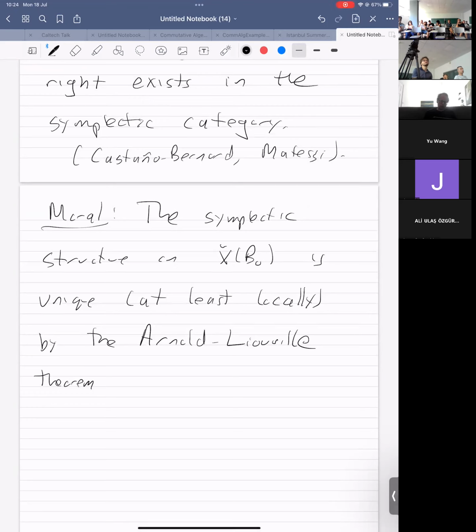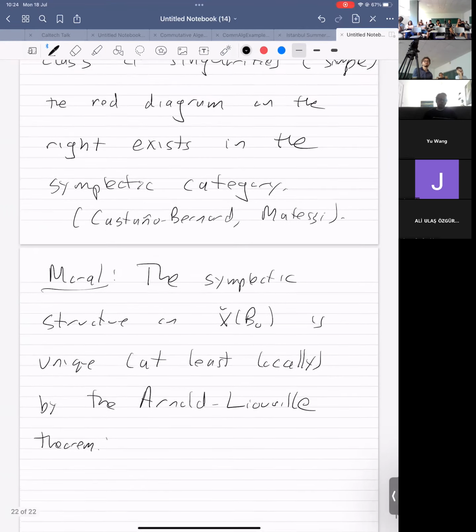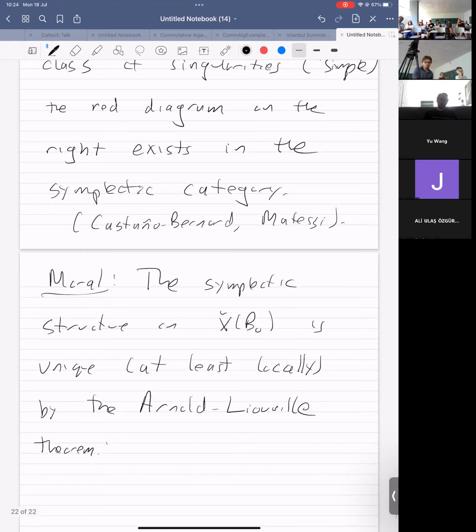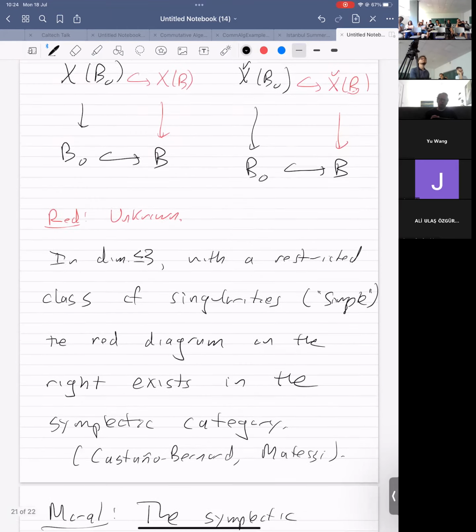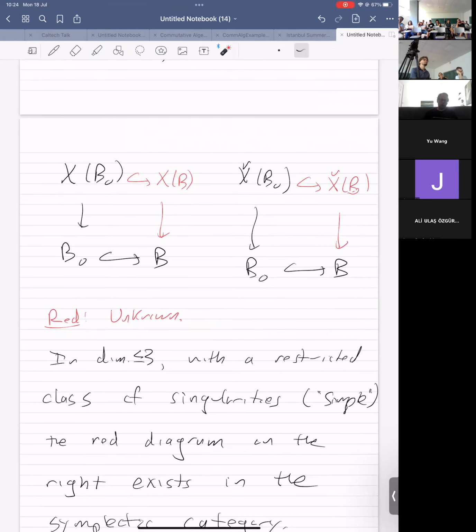There is only one choice of symplectic structure which gives you locally a Lagrangian torus fibration compatible with a given affine structure in some sense. However, so that's good. Symplectic compactifications are good.